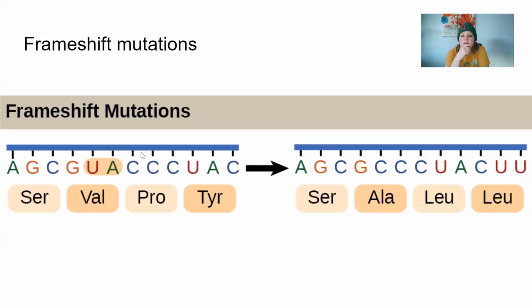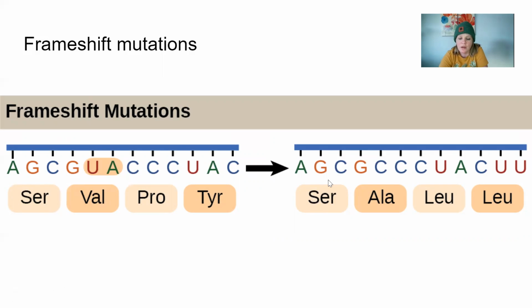So the last thing that we need to talk about really is frameshift mutations. So in this example, we have AGC, which codes for a particular amino acid. But here is where we get our mutation. In this example, this U and A are deleted in this mutant strand over here. And so our first codon is the same as it was in our non-mutated sequence.